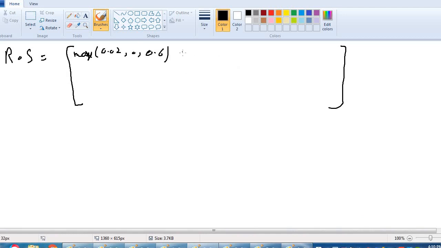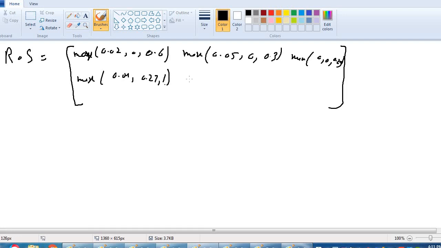Now we go to the max of the second order pair. We have 0.05, 0 and 0.3. Then max of 0, 0, 0.24. Then max of 0.04, 0.27 and 1.